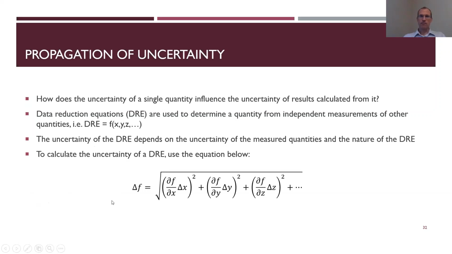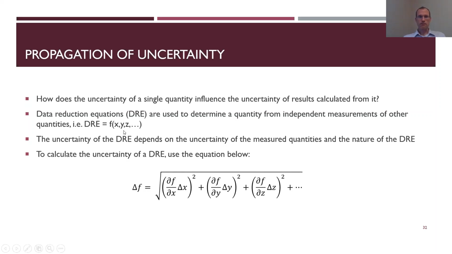And then finally, propagation of uncertainty. A lot of times you do a measurement and have some uncertainty, so I measure this thing, it's this value plus or minus this number, but then you have to do a calculation with those numbers. Whatever you get out of that calculation is going to have some uncertainty as well. So how do you calculate the uncertainty in that new value? Those are data reduction equations.